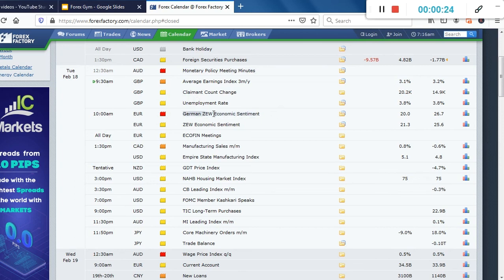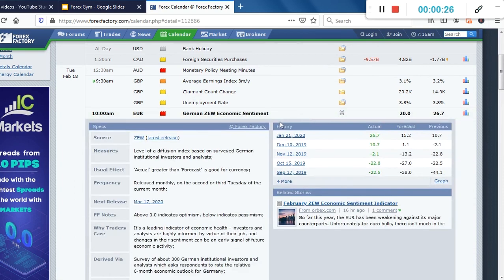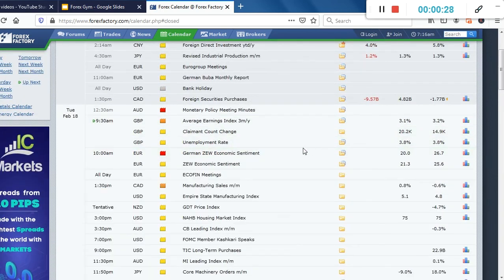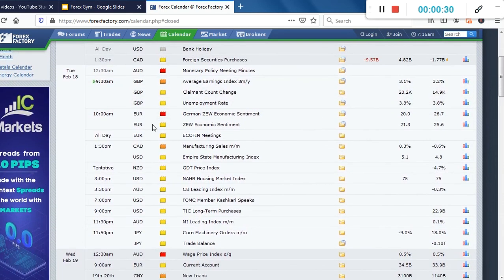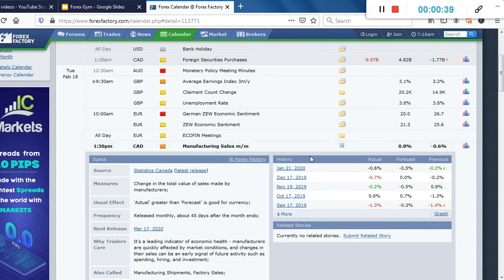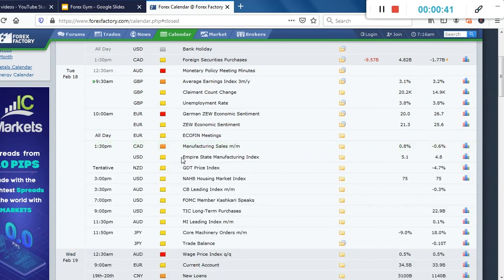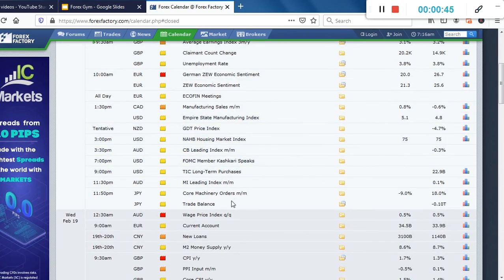This might create some volatility. Other than that, nothing is really happening. On the Canadian side, it's manufacturing sales, but I don't think it would create more than very mild volatility. Other than that, it's nothing serious up until Wednesday on Aussie.